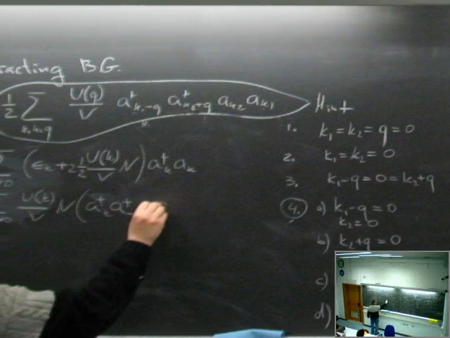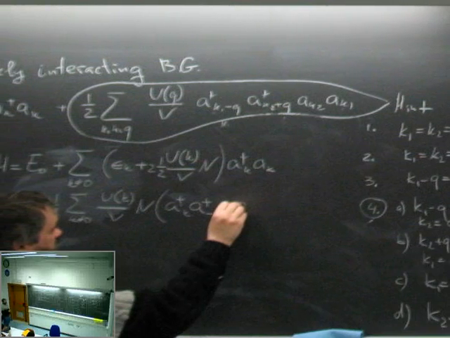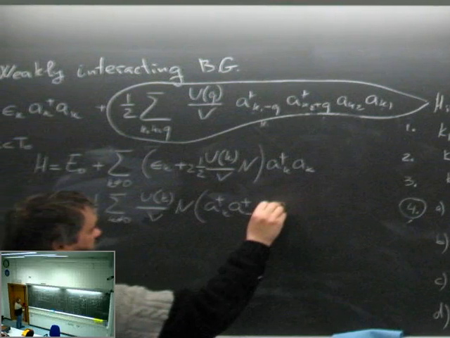So this is my Hamiltonian, and I would like to introduce shorthand notations.